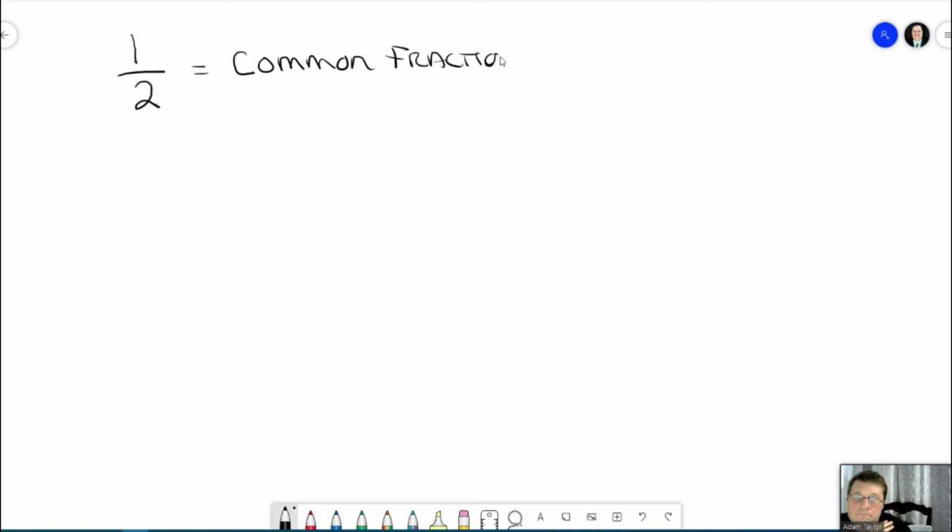Common fraction, obviously your numerator is smaller than your denominator, right? So the numerator is smaller and your denominator is greater.